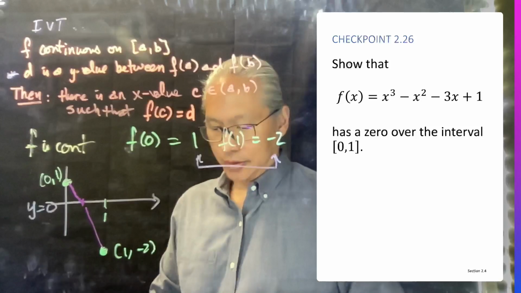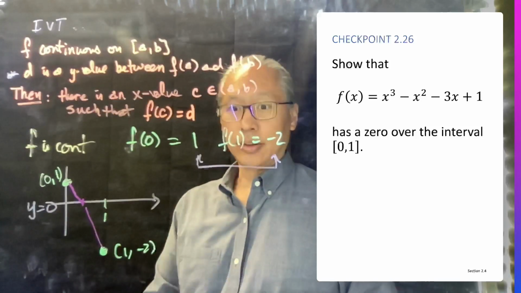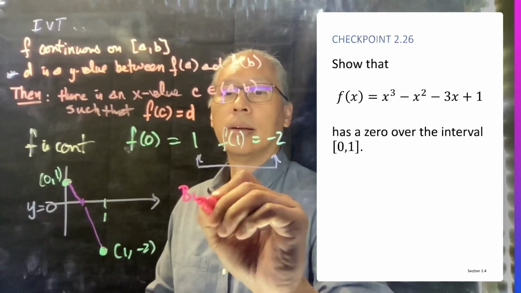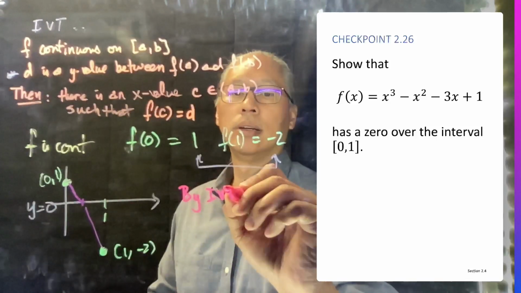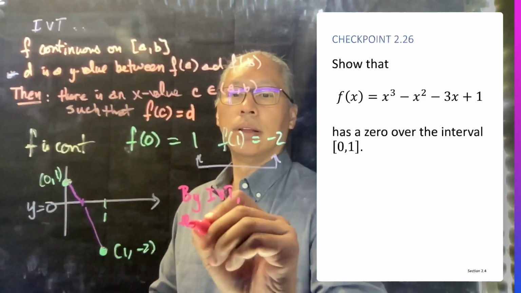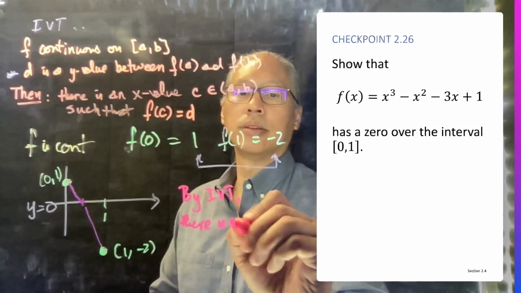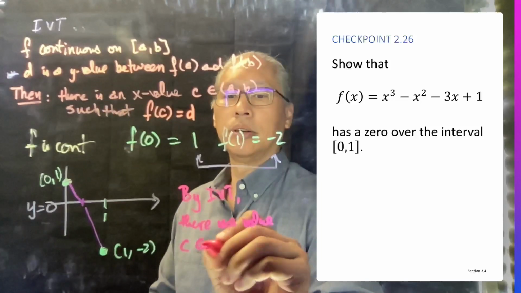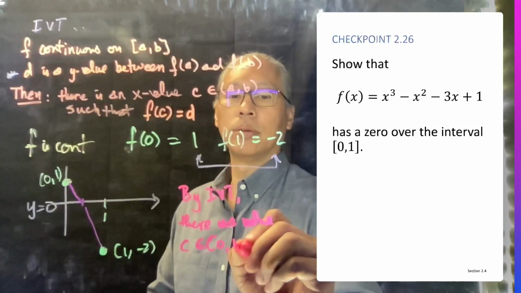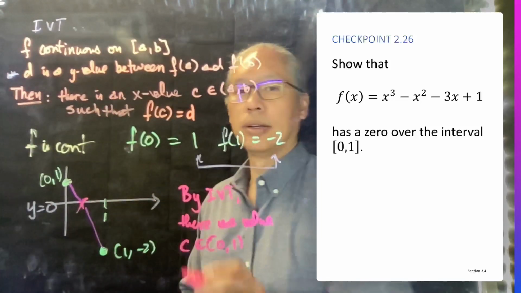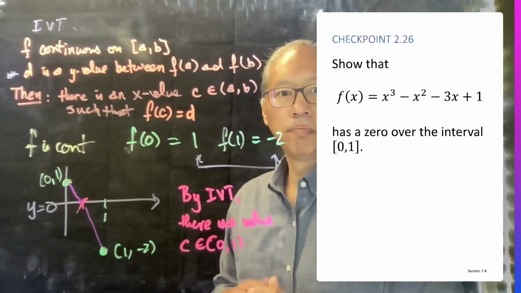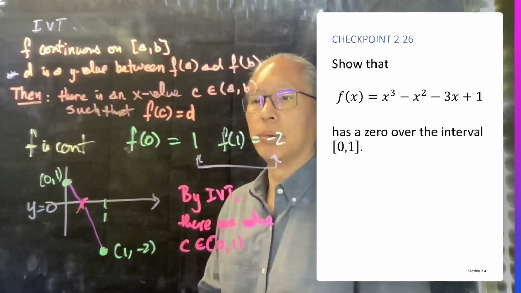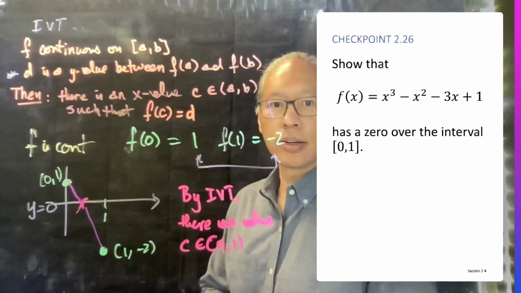So by the intermediate value theorem, by IVT, there is a value c between 0 and 1, and we don't know what it is, and right now we're not looking for that particularly, but we know that it's going to have to cross there.